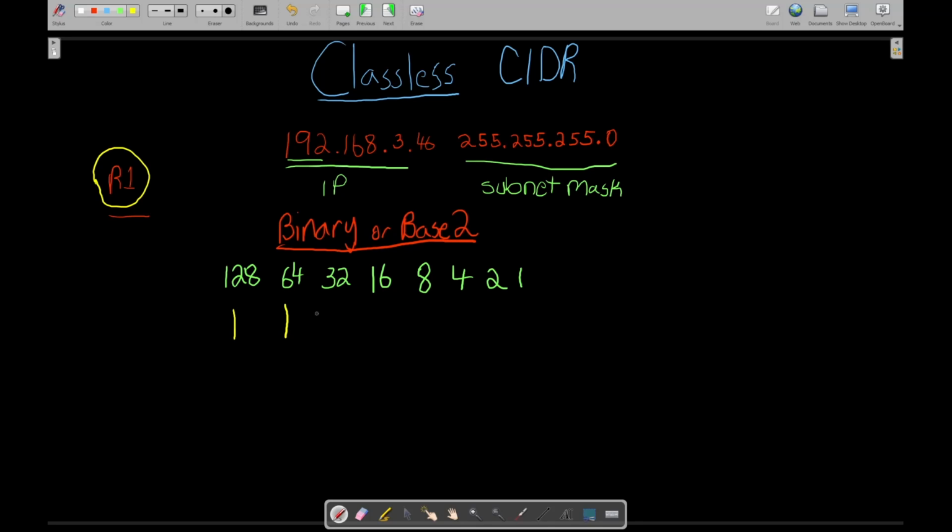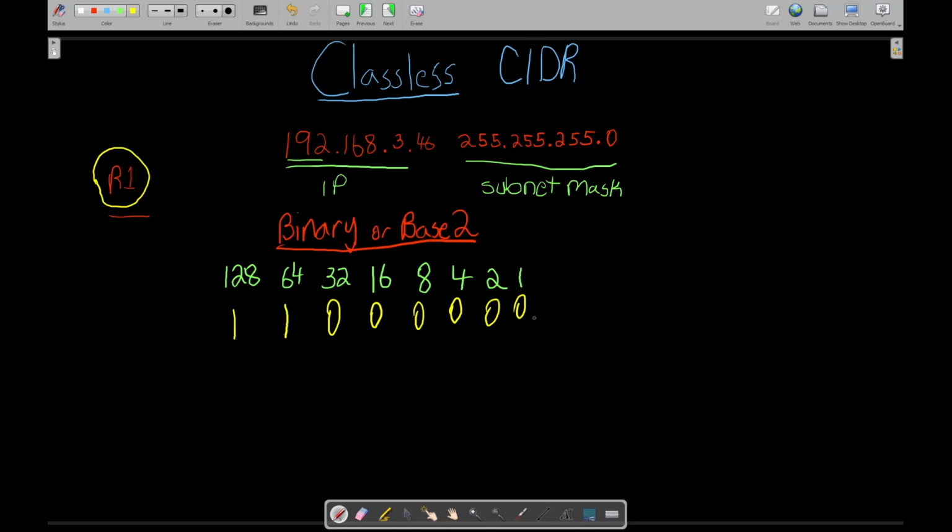That actually makes 192. Can 32 go in 192 as well, with these numbers, 64 and 128? No, because it's already 192, so we put a 0 here. That's false. And we know that the rest of these are going to be false. So that is the binary equivalent of 192.